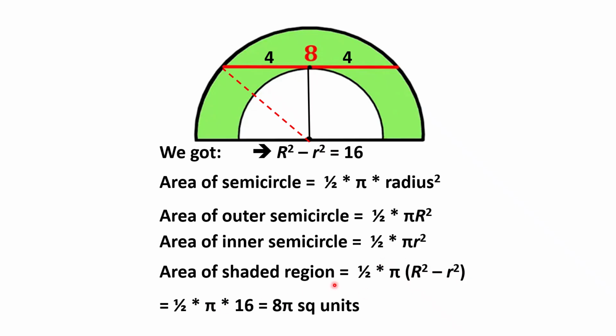Now we have already got capital R square minus small r square equal to 16. So put 16 in its place: half into pi into 16 is 8 pi. 8 pi square units is the area of the green shaded part.